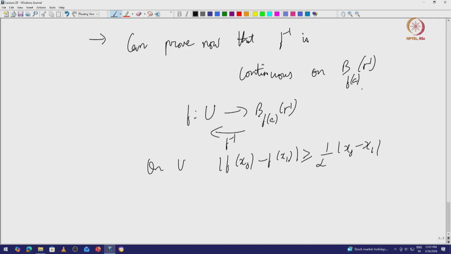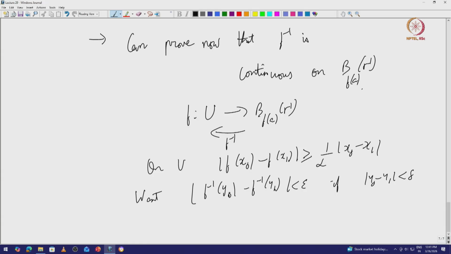So if I take f inverse of y1, y naught minus f inverse of y1, we want this to be less than epsilon if these two are close, right?